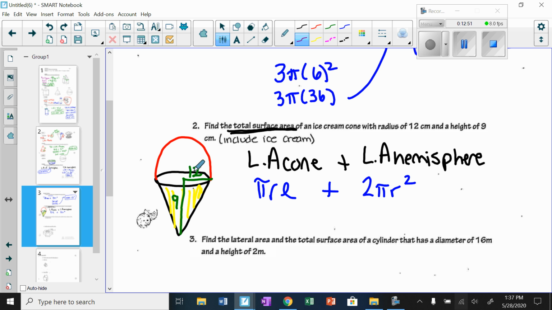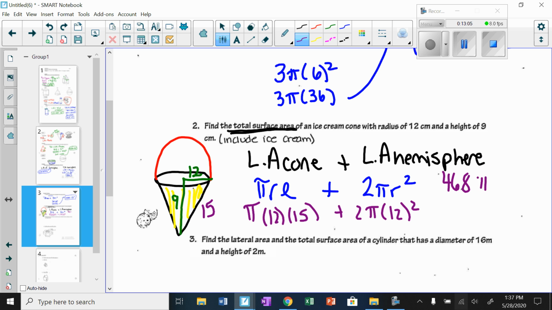So this is a triple, 9, 12, 15. We know our radius, so we're pi 12, 15 plus 2 pi 12 squared. If you simplify all of that, we are going to get 468 pi centimeters squared.